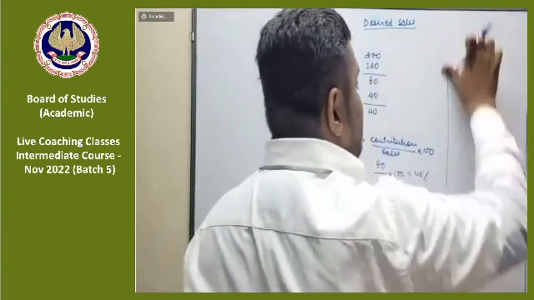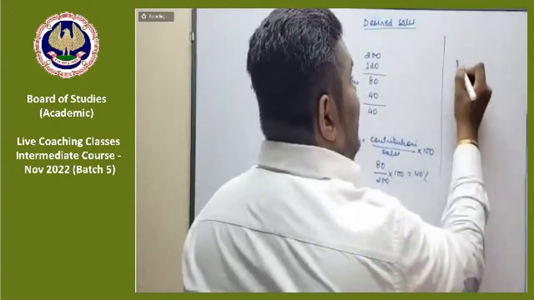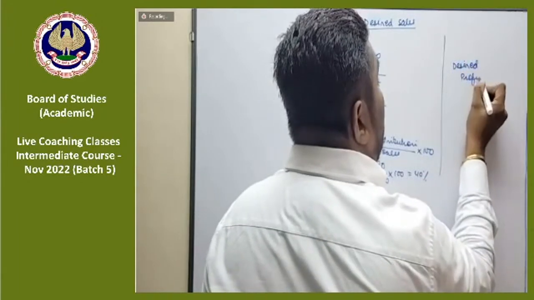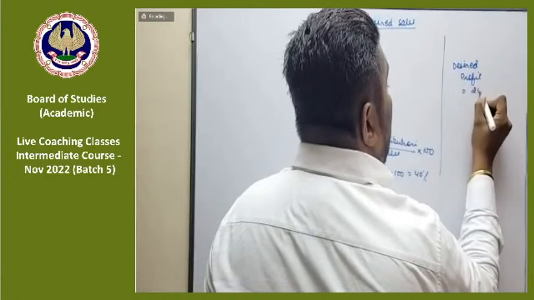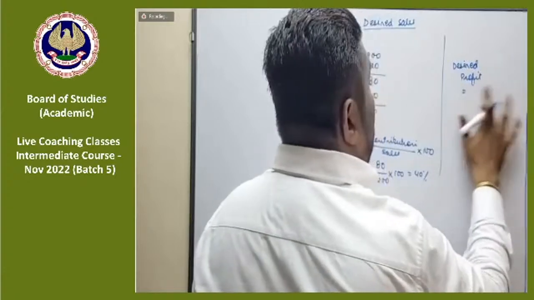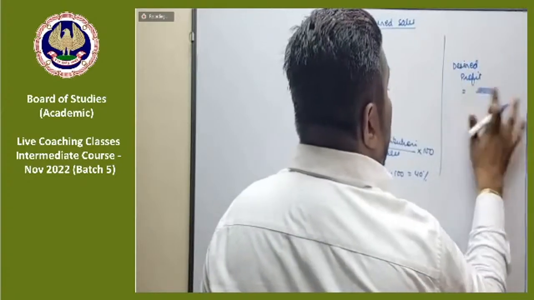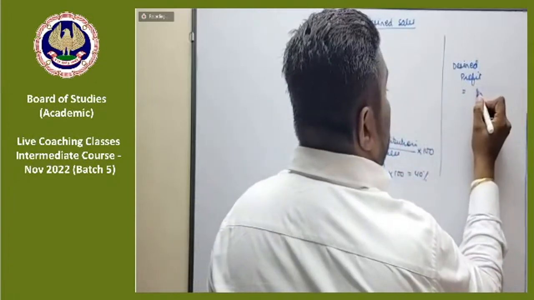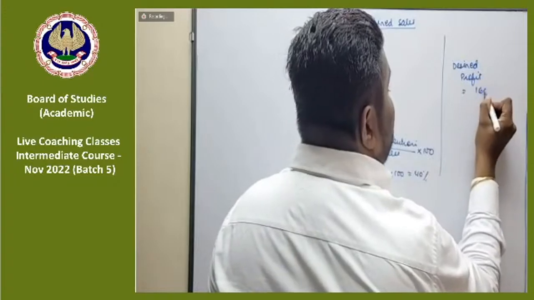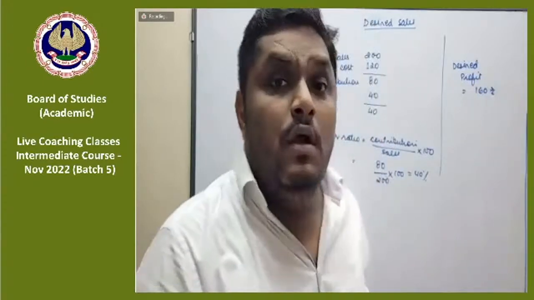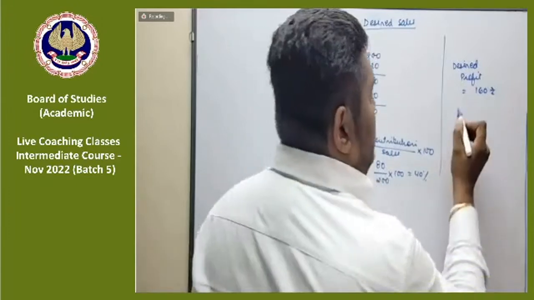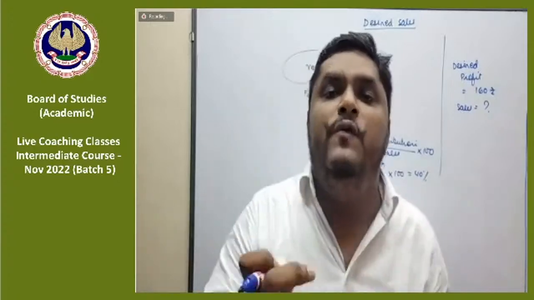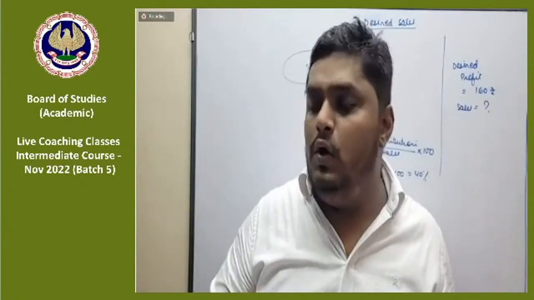Or let's say, what if you want a profit of 160 rupees? How much sales do you have to make? How much sales is required to earn a profit of rupees 160? Can you guys help me out with it?